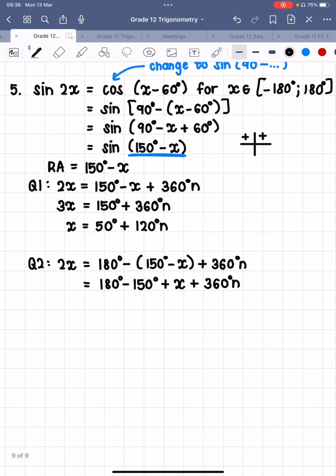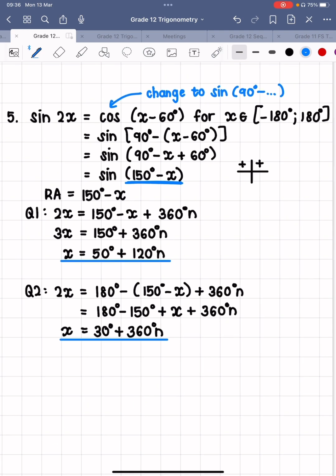Okay, so 2x, this plus x, when I move it, is going to become minus x. So 2x minus x is x. Okay, so that one works out nicely. What's 180 minus 150? 30 degrees plus 360n.